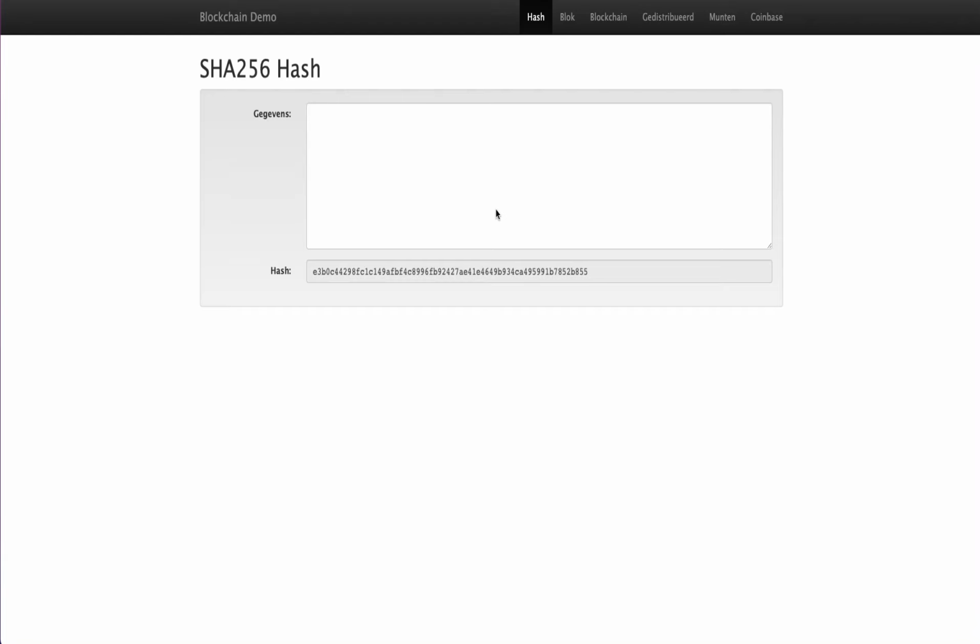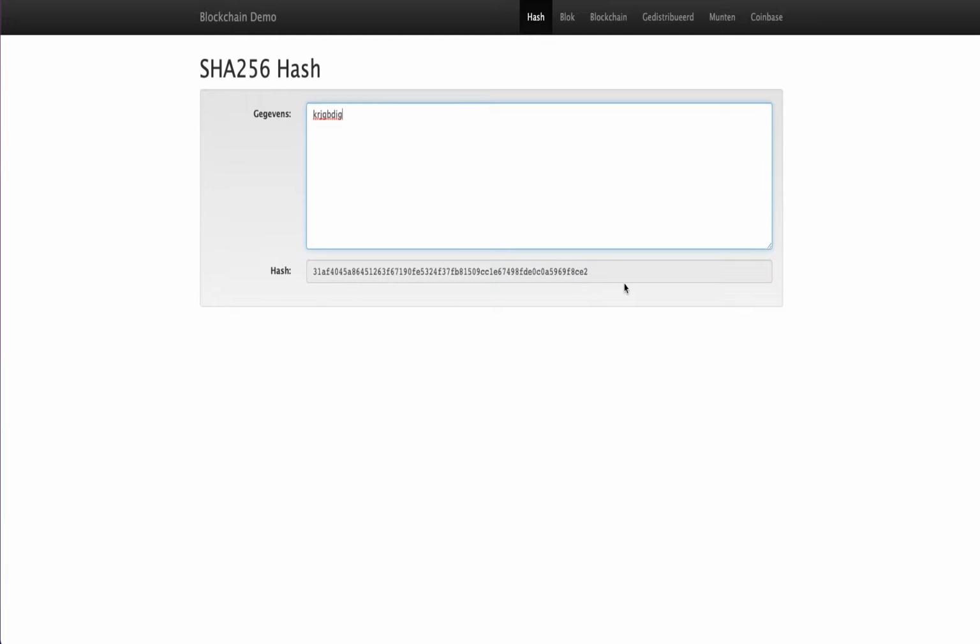Now I'm going to change the screen to explain the inside of a blockchain via the blockchain demo. We will start with explaining what a hash is. This is a hash, this row of numbers, and the hash is the digital fingerprint of the data that's inside here. So now there's nothing inside, so this is the hash of nothing. When I type some random letters, you see the hash changes.